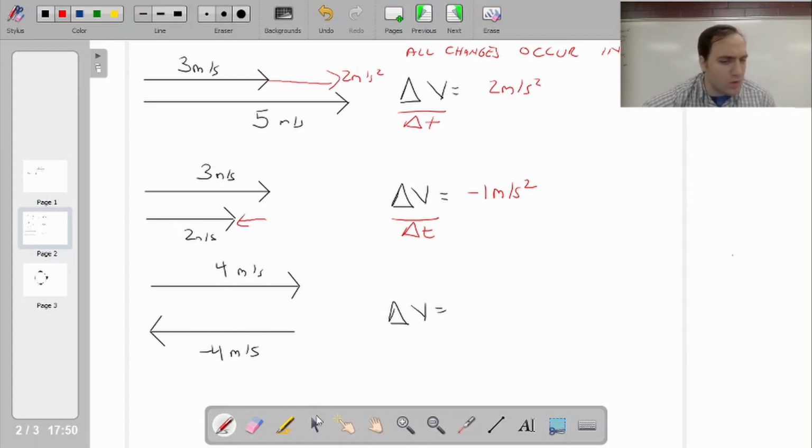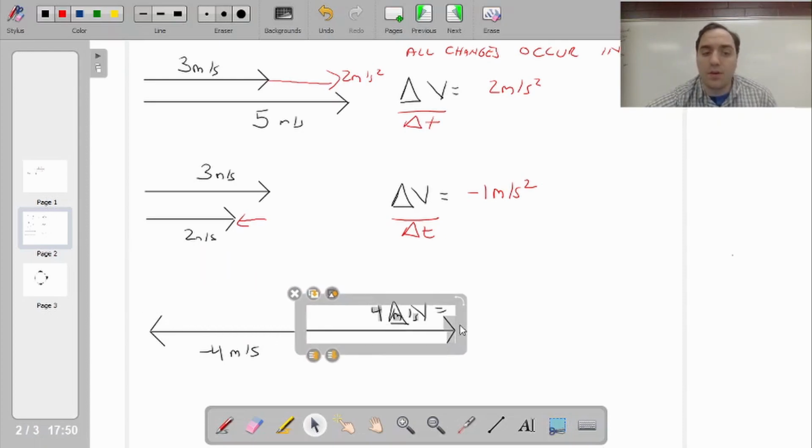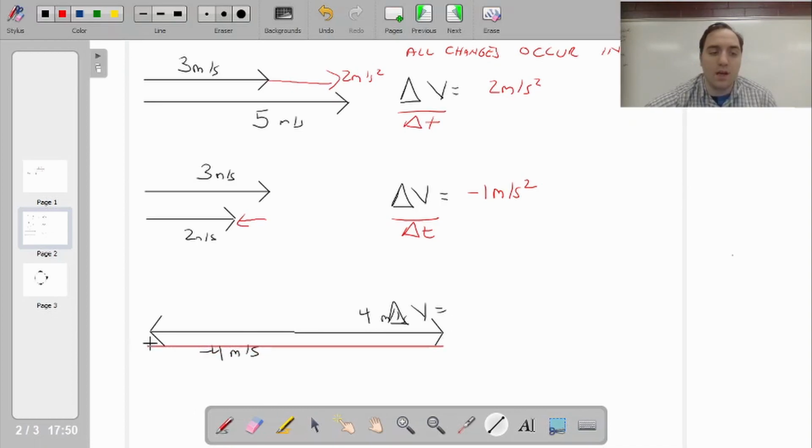The last one's the most tricky because you're going from 4 to -4. While you can think about it a couple different ways, the easiest way I find is just line them up and ask what's the total difference here? We've gone from +4 to -4, or a total of 8.